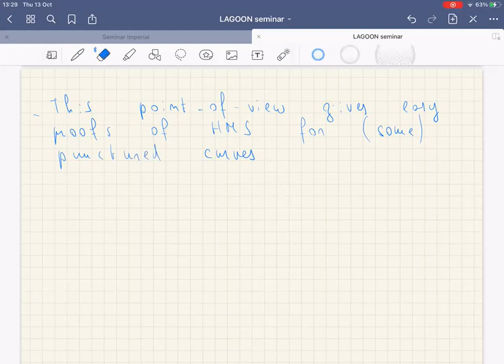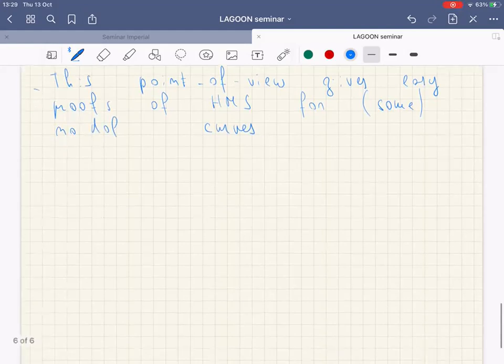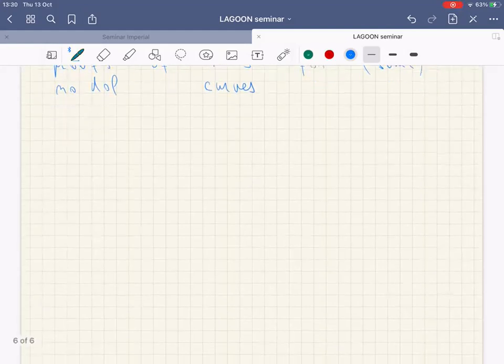Sorry, let me write it like this: for some nodal curves, where the nodal curve is on the B side. So let me explain. So this by now is something that was understood a long time ago.